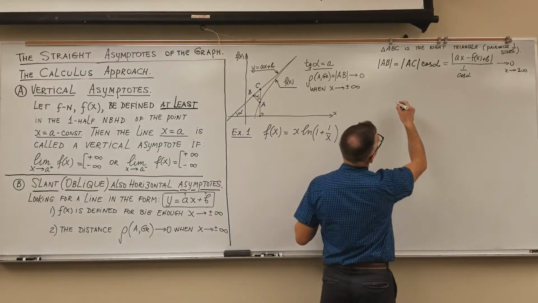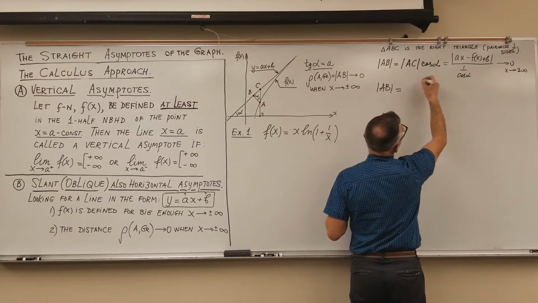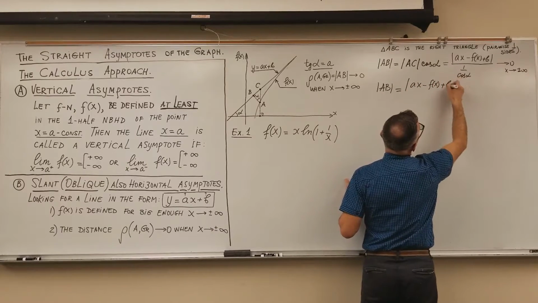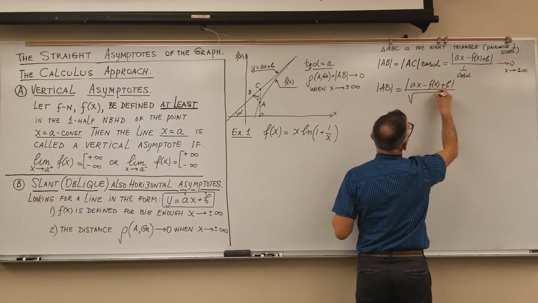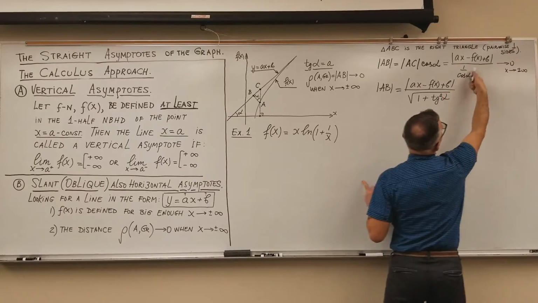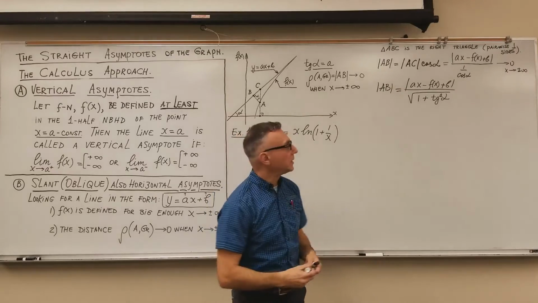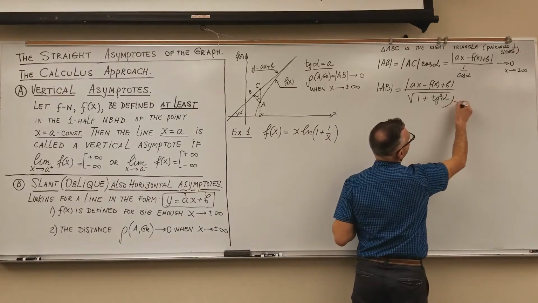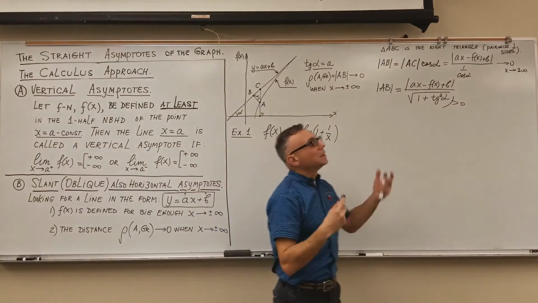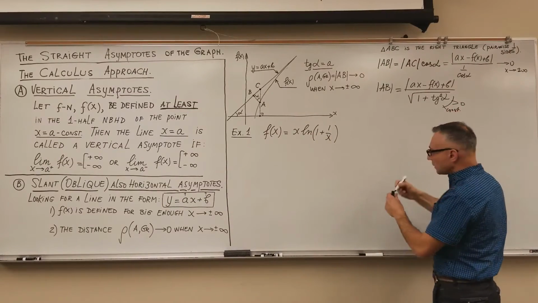So we actually have here that my AB distance is equal to my numerator, AX minus f of x plus b, over the square root of 1 plus tangent squared alpha. That's 1 over cosine. We know this formula from trigonometry. And again, this value is always positive, more than 0. And moreover, it's a constant value. Alpha does not change.